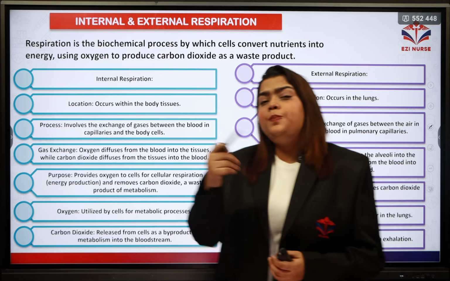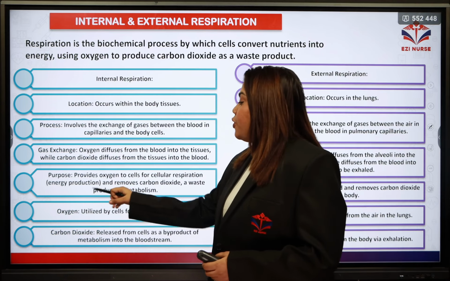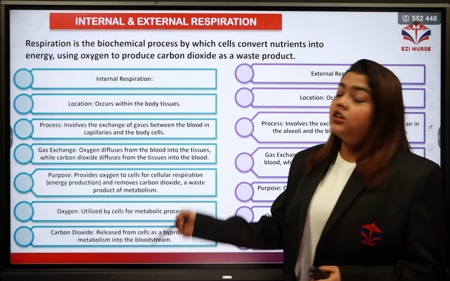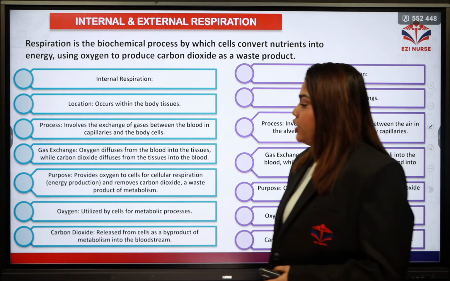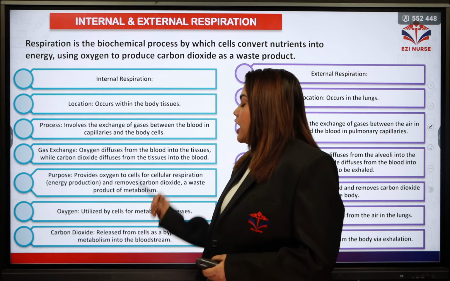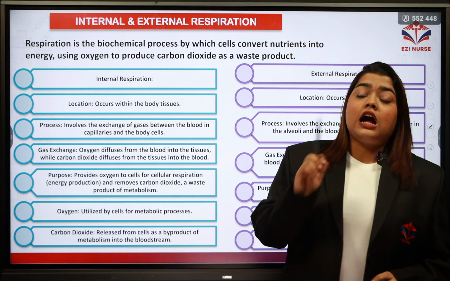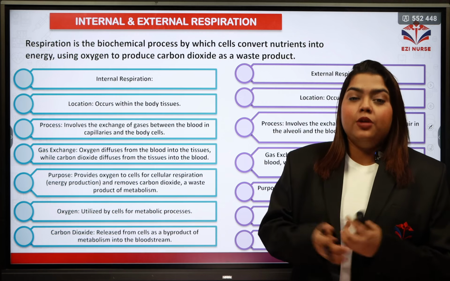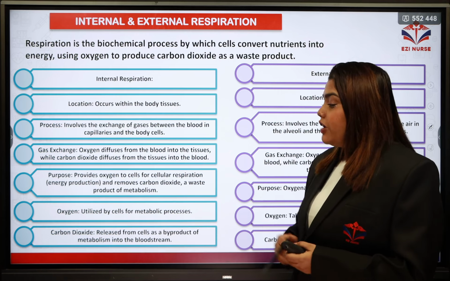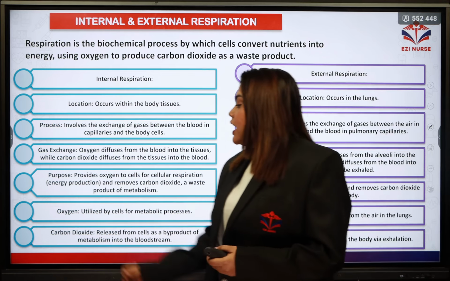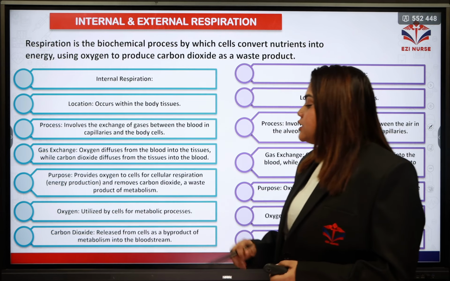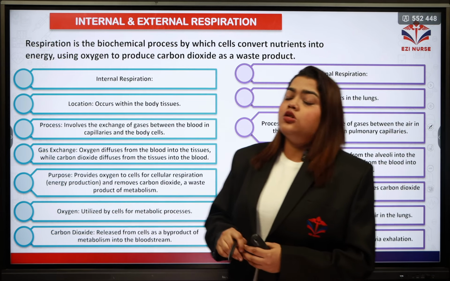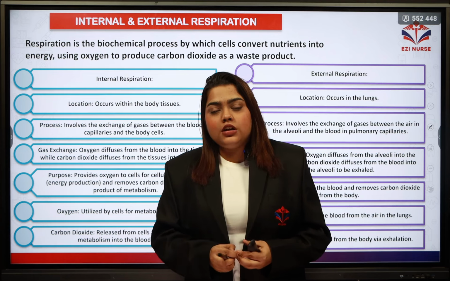Then the purpose: what is the purpose of this? It provides oxygen to the cells for cellular respiration and energy production, and it also removes carbon dioxide as a waste product of metabolism, the chemical reactions of the cells. The oxygen is utilized by the cells for metabolic processes. What is the importance of this?